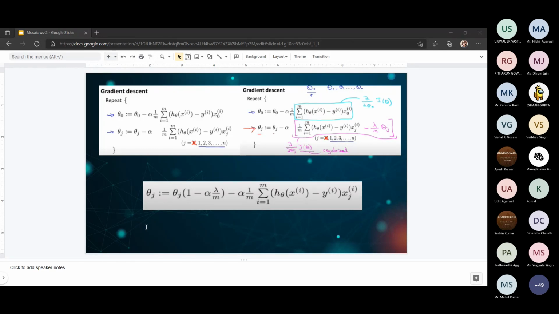So while modifying this regularized linear regression, we will treat theta 0 slightly differently.